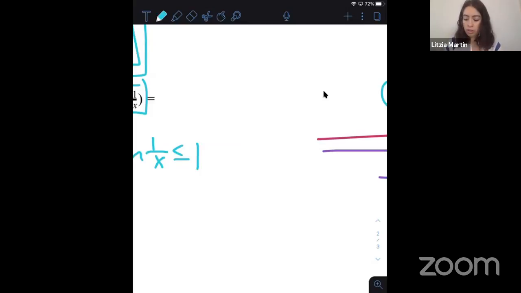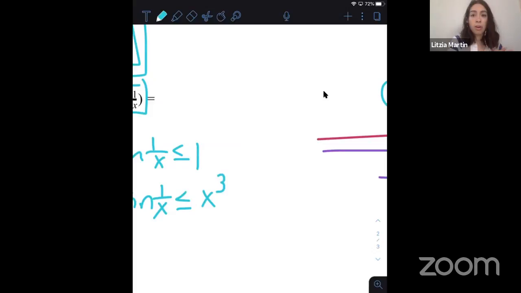Now, we're trying to find the limit with x cubed times sine of 1 over x. So I'm just going to go ahead and multiply this whole thing by x cubed. So now we have negative x cubed times x cubed, 1 times x cubed is x cubed. So in the middle, we have the function that we're trying to take the limit of.